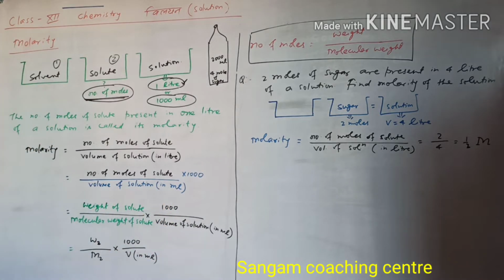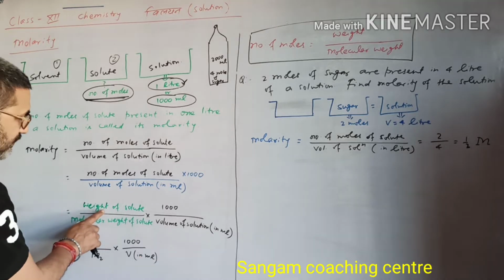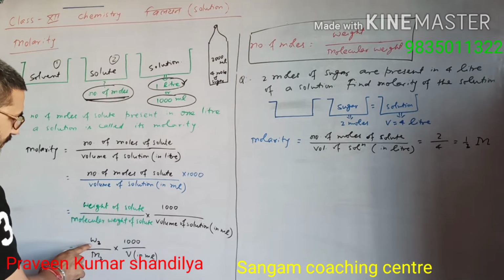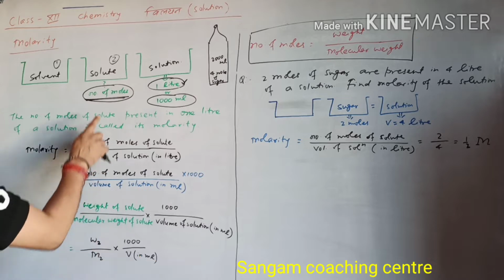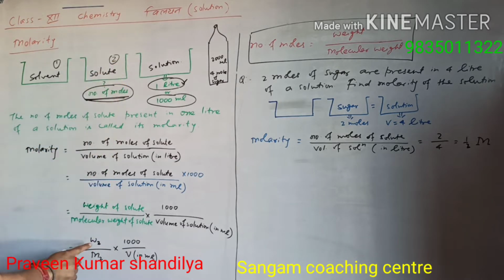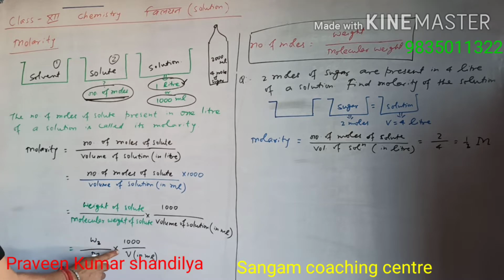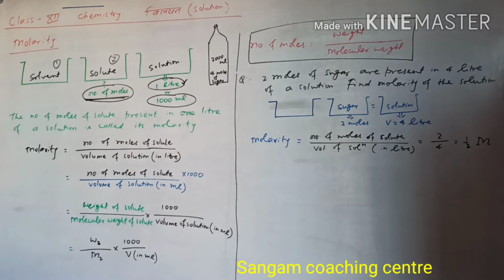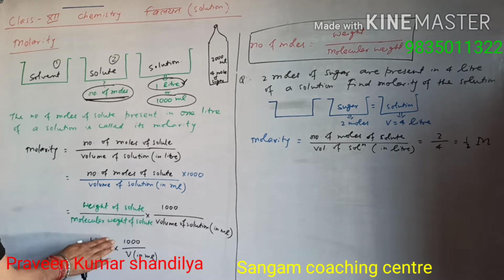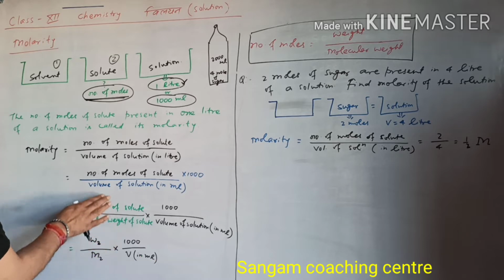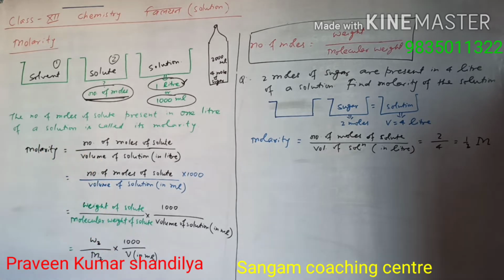Weight of solute is written as W2, and molecular weight of solute is written as M2. So molarity is W2 by M2 into 1000 by V in ml. These are the formulas of molarity.